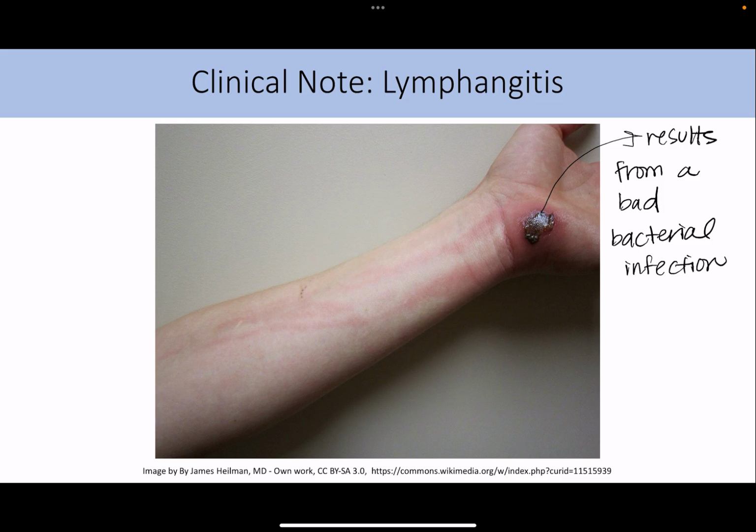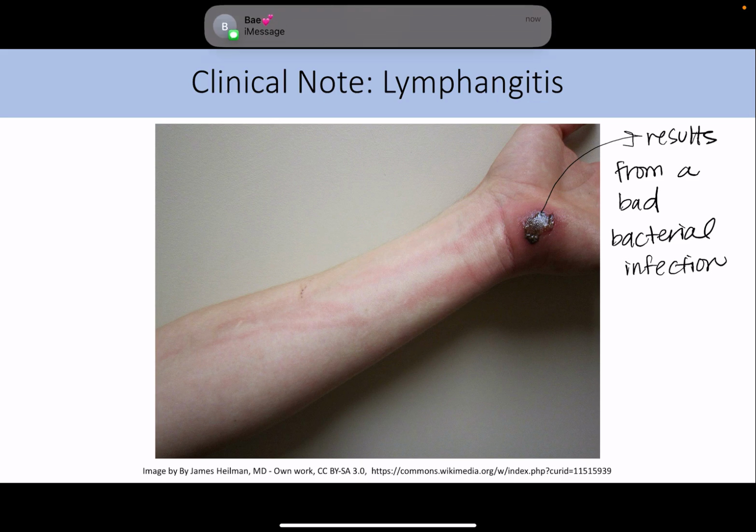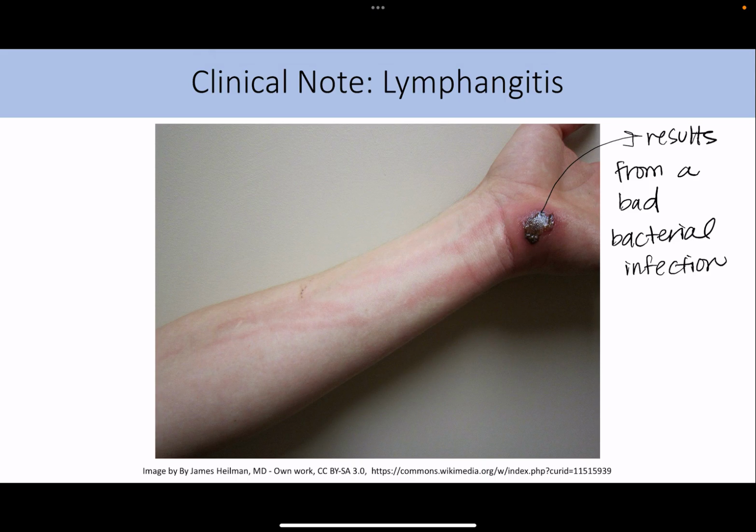And the reason why you see that redness, and what's interesting about lymphangitis, is that you can trace the infection. So you can see the red streaks, you can see how far that infection has gone up that arm, how far along that lymphatic system it has gone. That's what it's tracing there. Those are lymphatic vessels going up the arm, and they're all congested, all inflamed and infected.